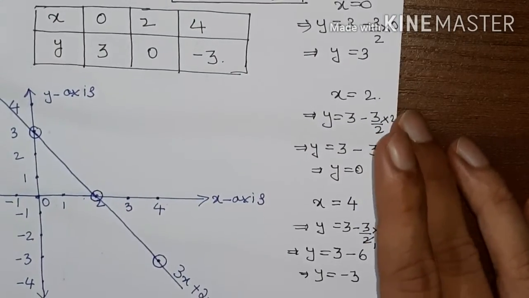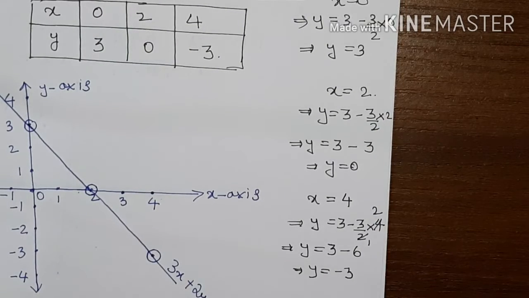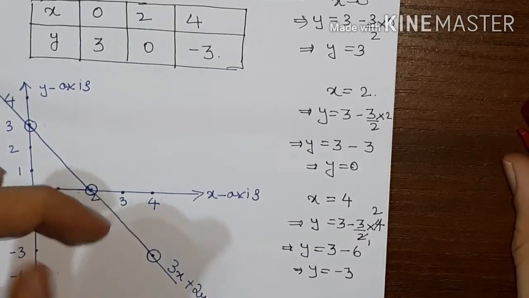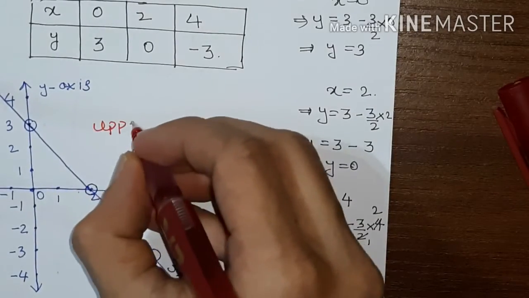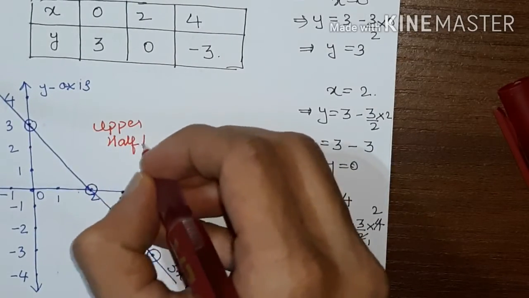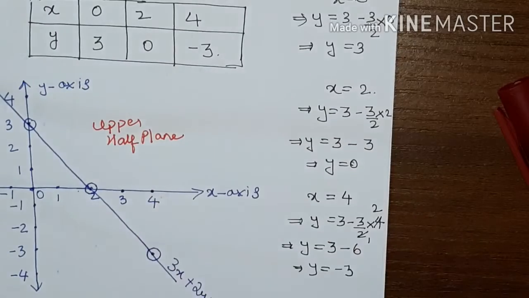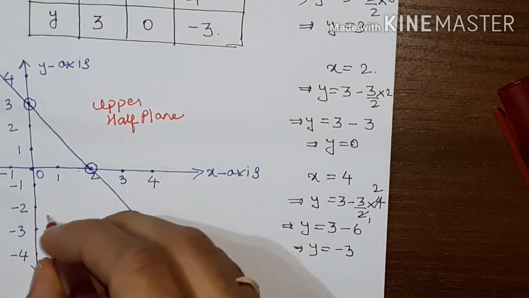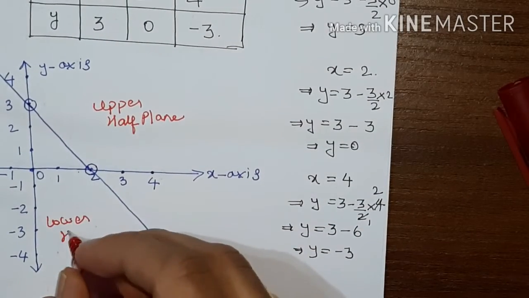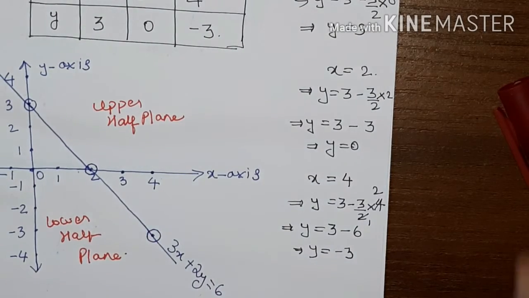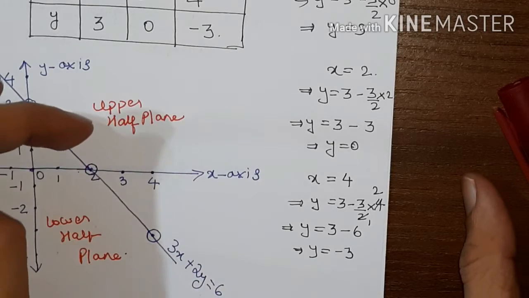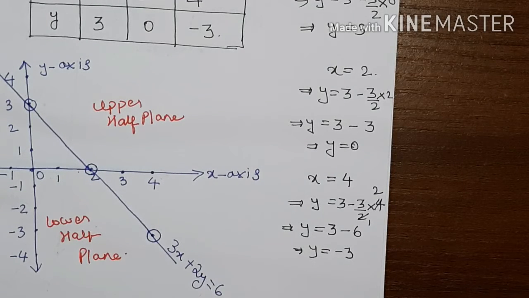Okay, now how to find the solution region? You have to take any point in the upper half plane here, so this is the upper half plane, or in the lower half plane. So you take any point in the upper half plane or in the lower half plane.